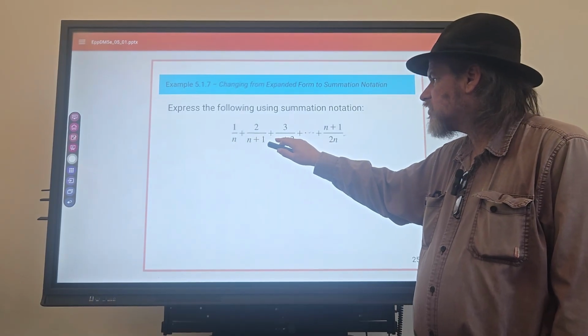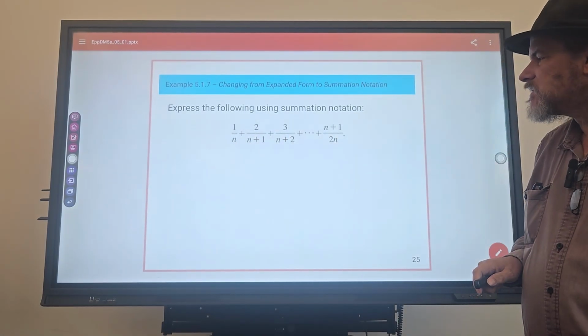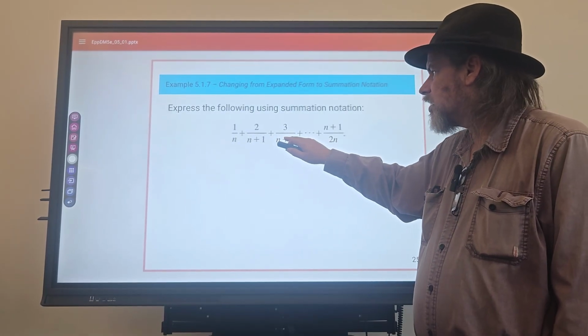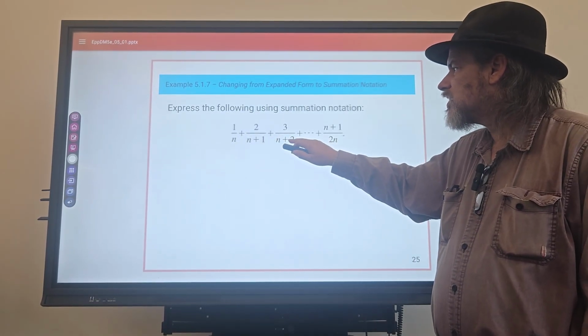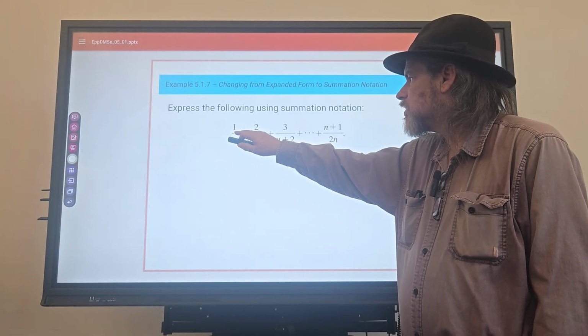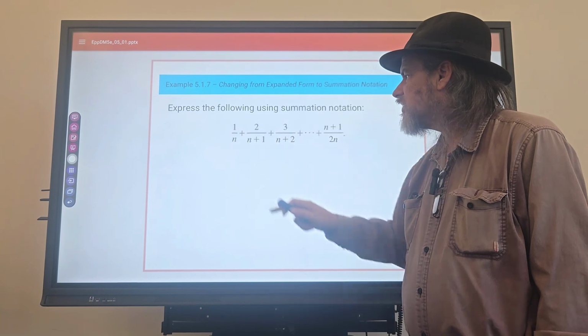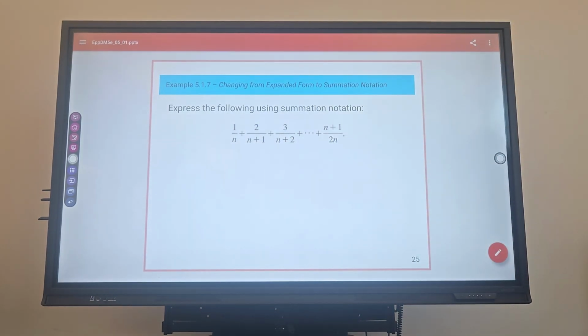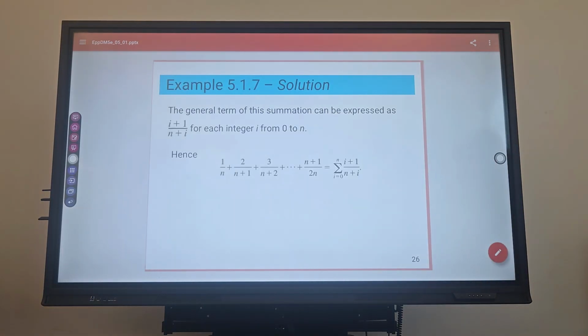So it'd be counting up n plus k on the bottom, in the denominator, and k plus 1 in the numerator. Does that work? Oh, they did i instead of k, but yeah.